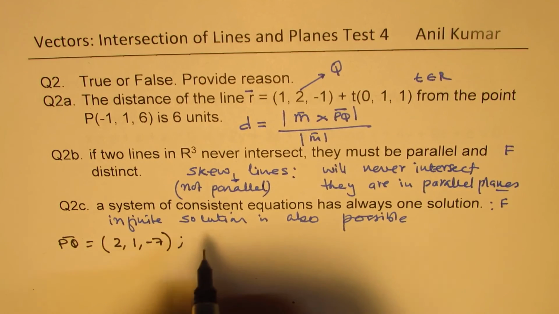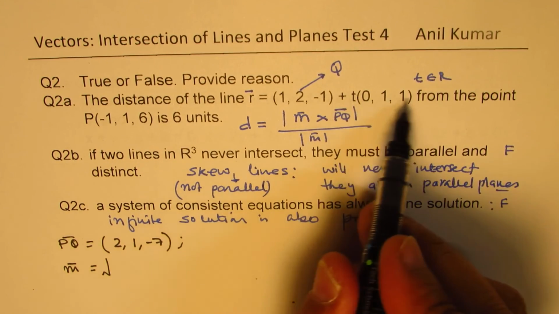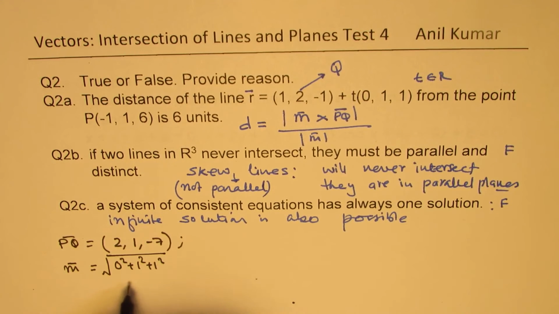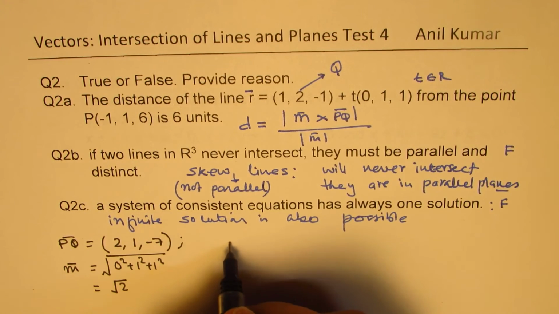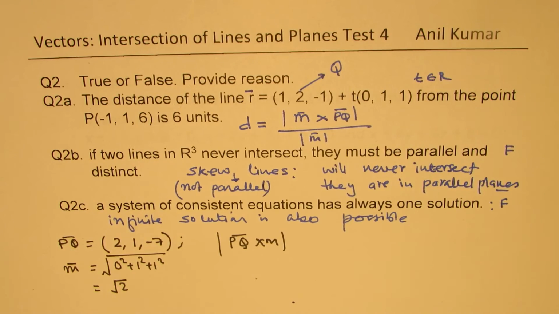Now let's find the magnitude of M. Magnitude of M is, that is the direction, right? So magnitude of M is 0 square plus 1 square plus 1 square, which is equal to square root of 2. And now we'll find the cross product between PQ and M, right? It could be written either way since we are checking the absolute value.